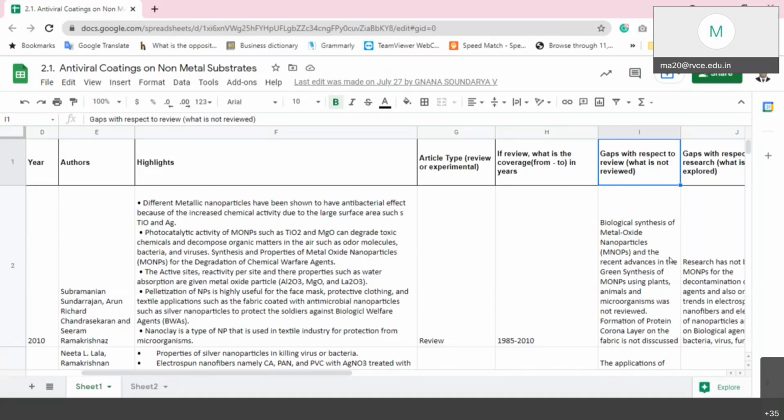When you go through the review articles, you might realize that people have already reviewed the work carried out from 1970 till 2018. Then your scope is only 2018 to 2021. That is how you narrow it down. So you're not going to go through the papers from 1970 to 2018.